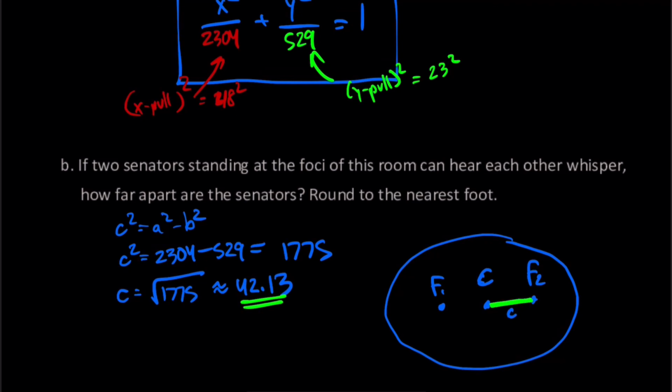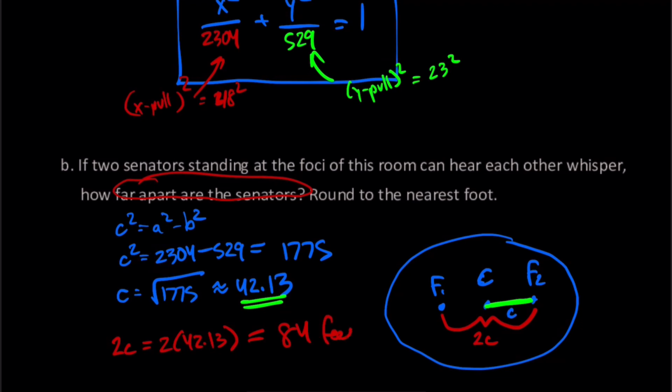It's this distance. The question wants us to find how far apart are the senators. So they want this total distance here, which is basically going to be 2 times C. So 2C equals 2 times 42.13. It says round to the nearest foot. I throw that into the calculator. I got 84 feet.